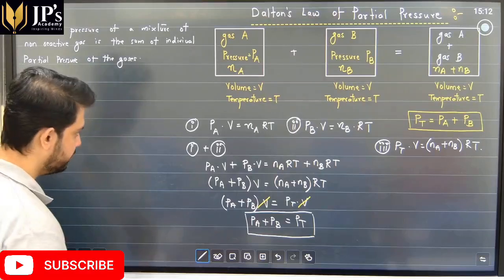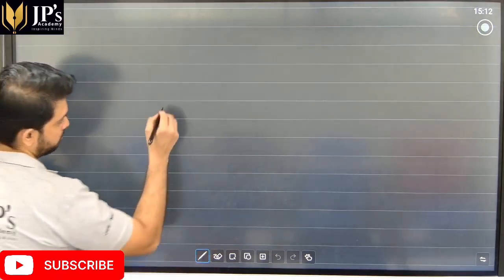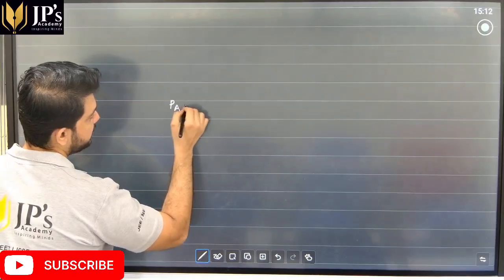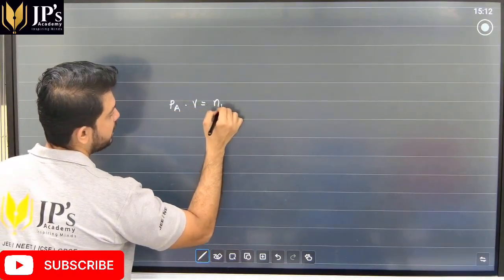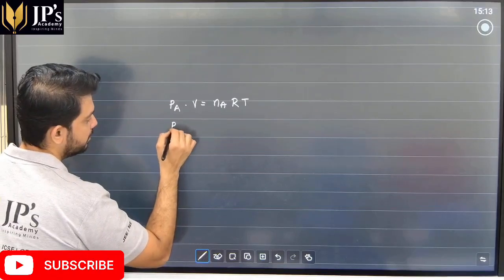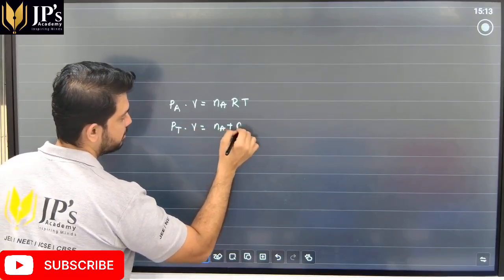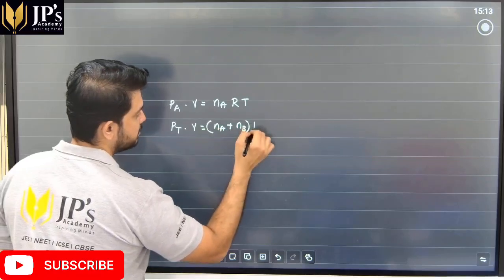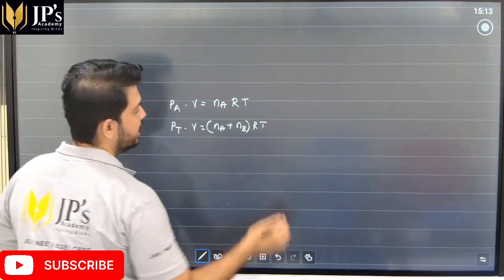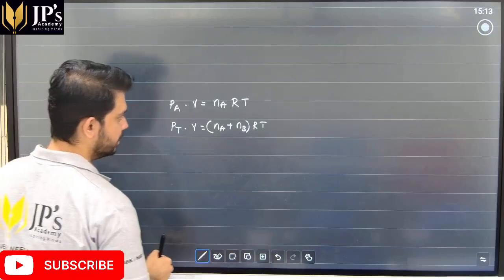Next, students, we can also write one more expression. We know that PA V is Na RT, and we know that Pt V is (Na plus Nb) RT.